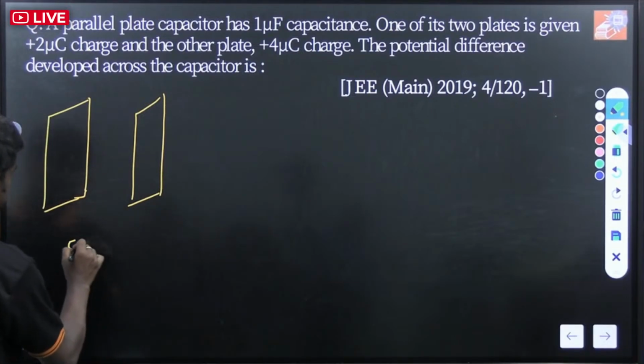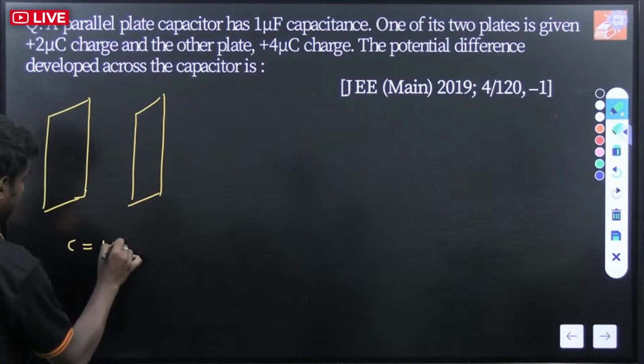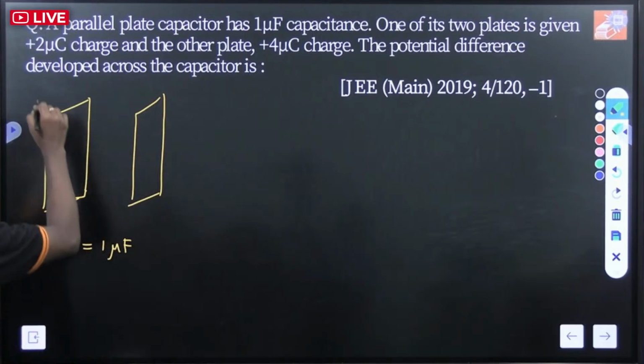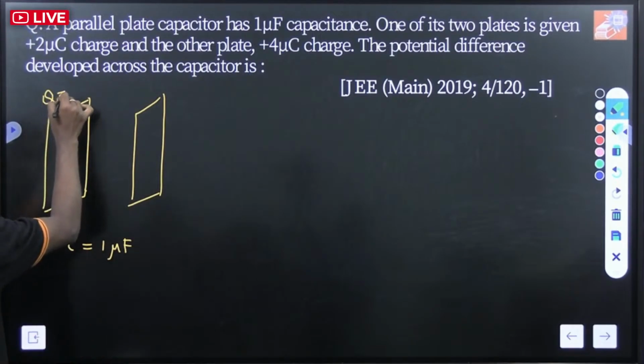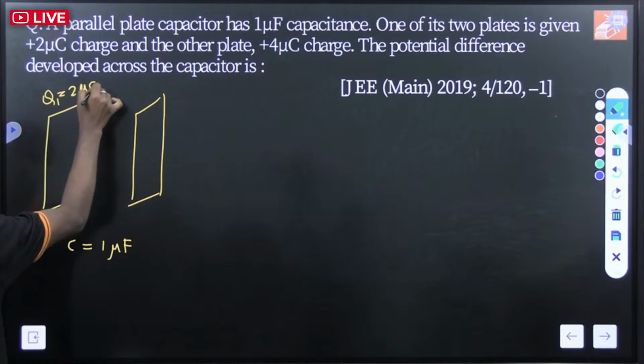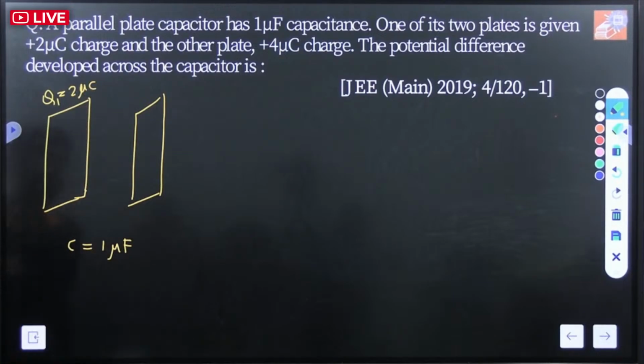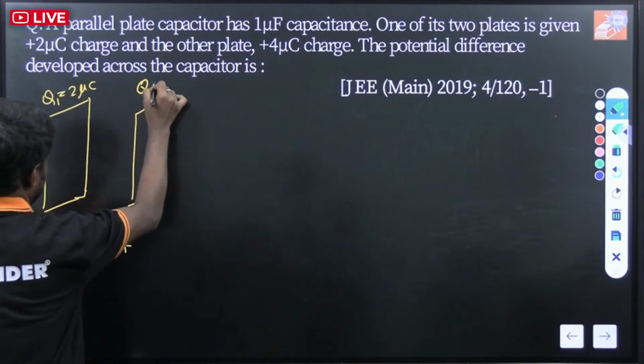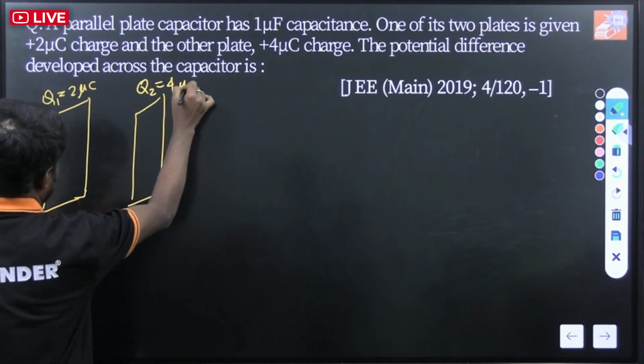That capacitance value is 1 microfarad, and one of its two plates is given 2 microcoulomb. Let's say this one is Q1 equal to 2 microcoulomb, and the other one is Q2 equal to 4 microcoulomb.